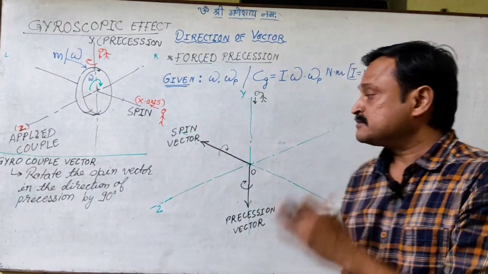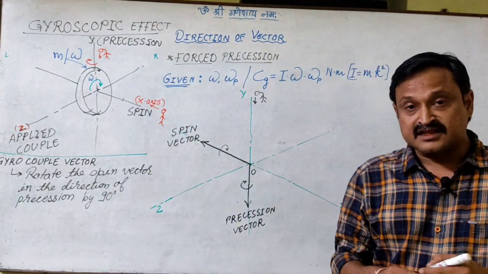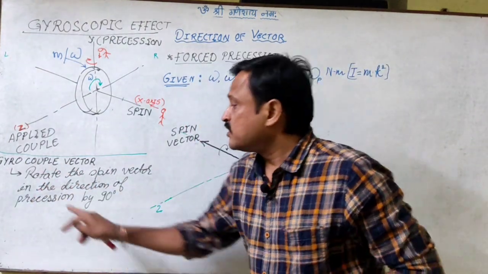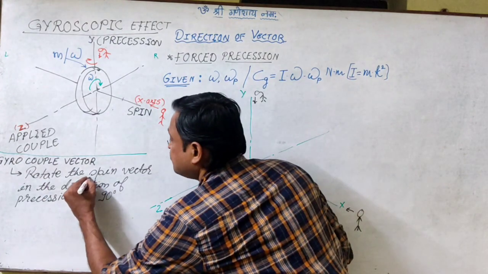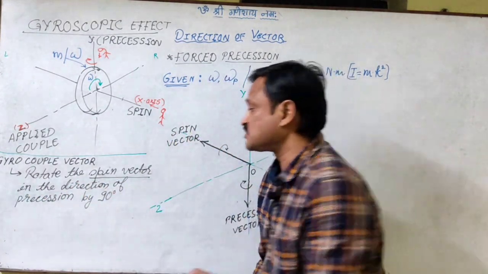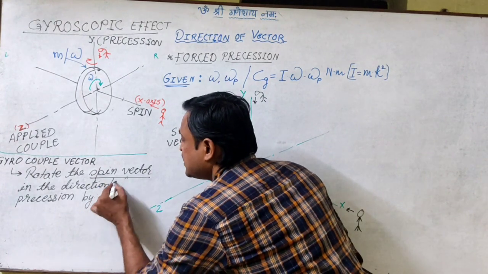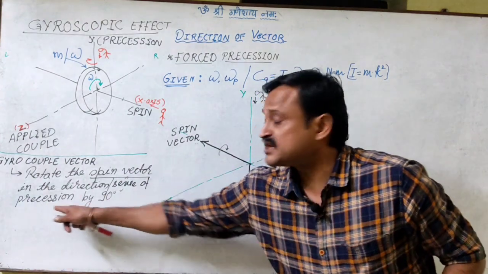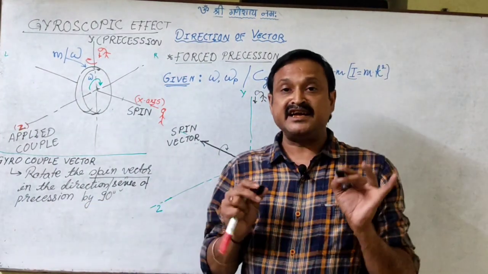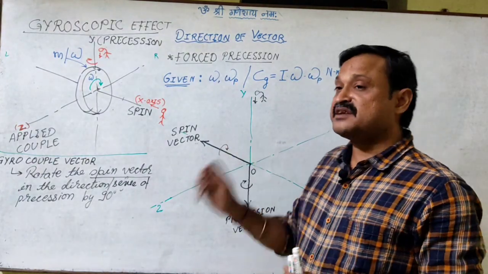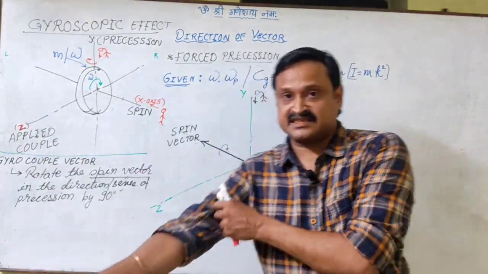That will give me the couple vector, or the gyrocouple vector. So what we have to do is rotate the spin vector in the sense of precession by 90 degrees. That means I'll have to shift the spin vector onto the z axis, right?